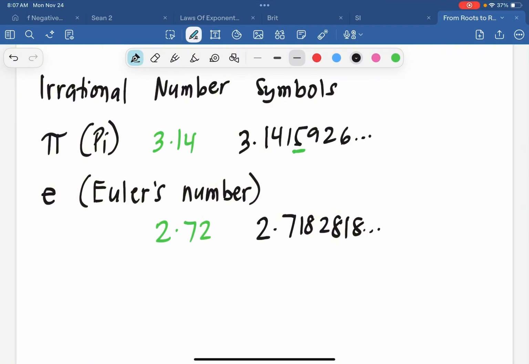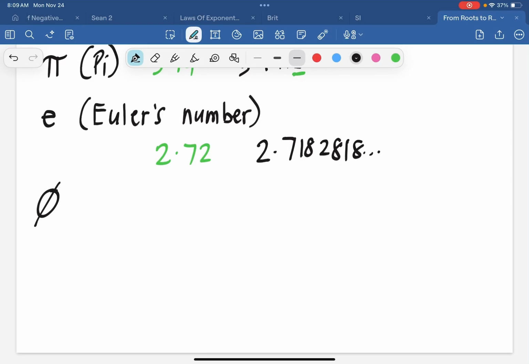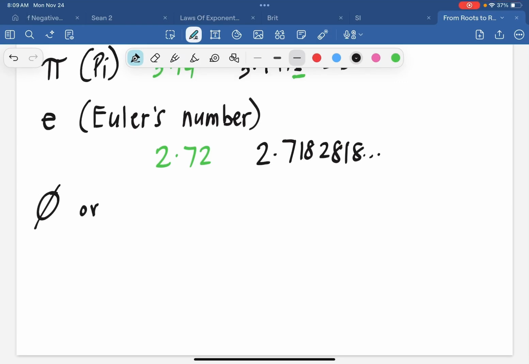And last, although I'm not sure if this is the last popular irrational number symbol, the last one would be phi. It looks like a 0 being tilted with a slash symbol, a combination of those. Aside from this symbol, we could also use this.